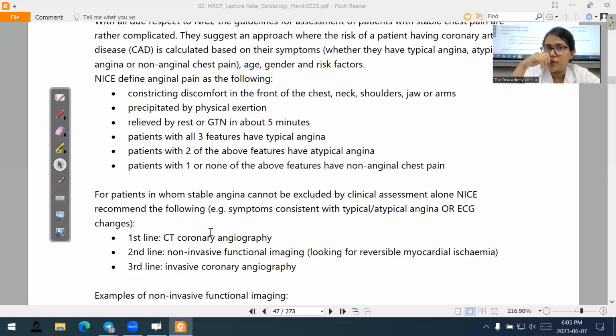For the SVT management. Beta blocker. Okay, you don't have to give me the answer. Go through the options. Intravenous verapamil, intravenous amiodarone, intravenous adenosine, electrical cardioversion, and intravenous esmolol.